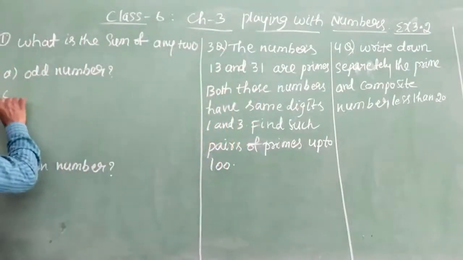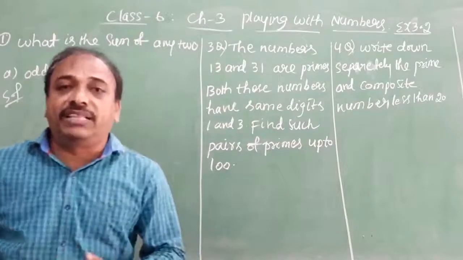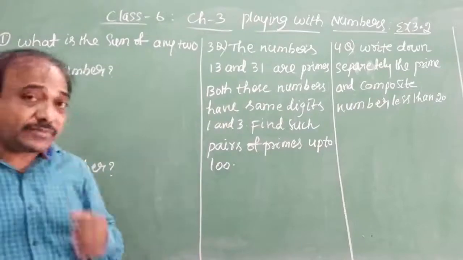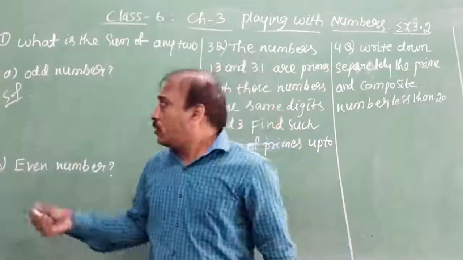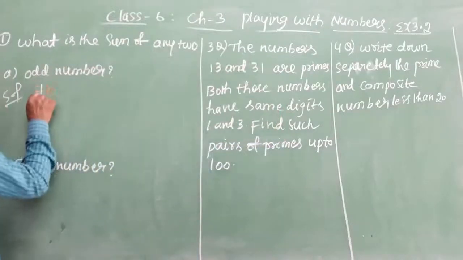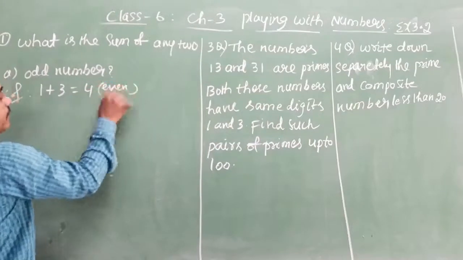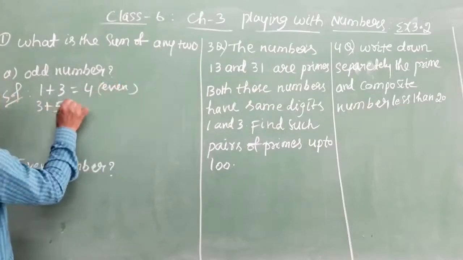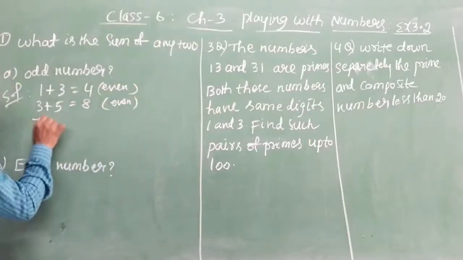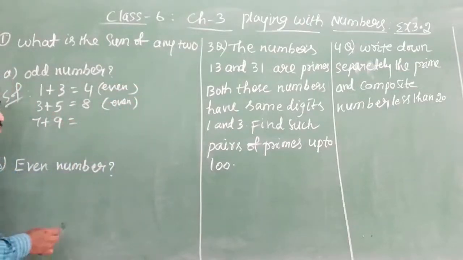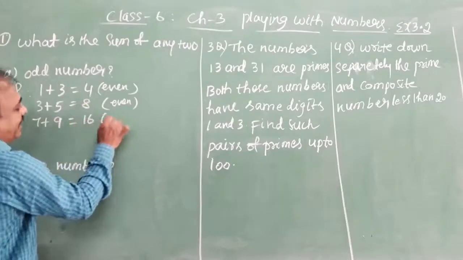Solution. As we know, odd numbers are 1, 3, 5, 7, 9, 11, 13 and so on, which leave the remainder 1 when you divide by 2. 1 plus 3 is equal to 4, even. 3 plus 5 is equal to 8, even. 7 plus 9 is 16, even.